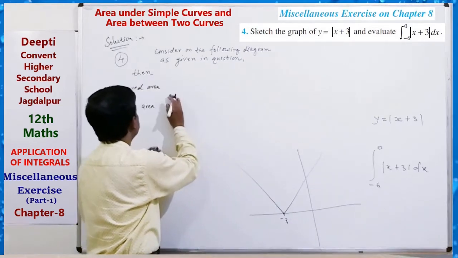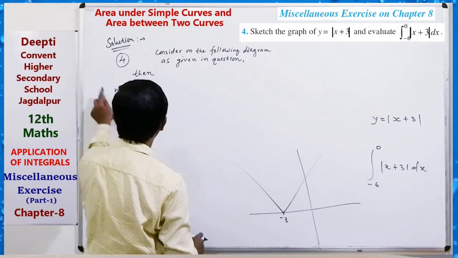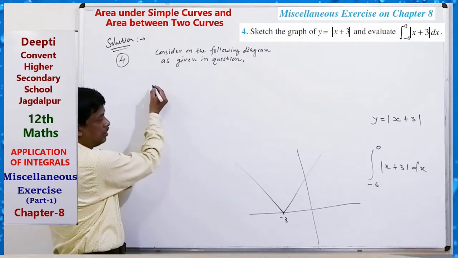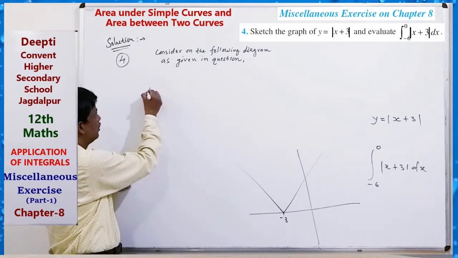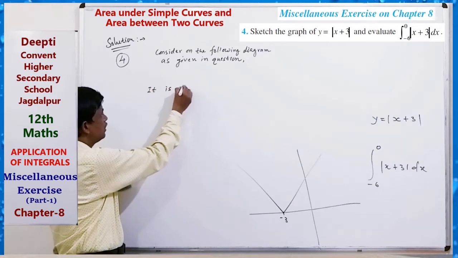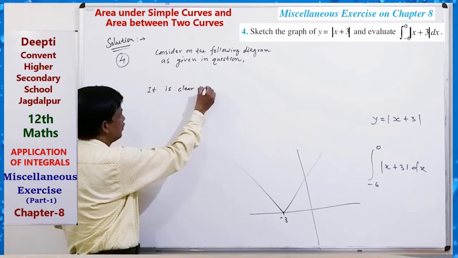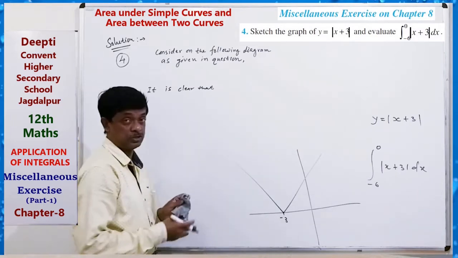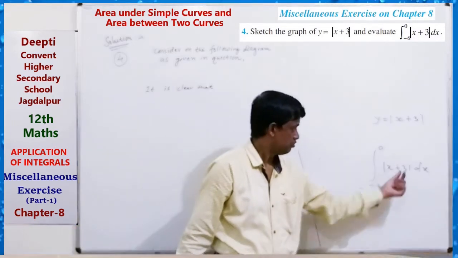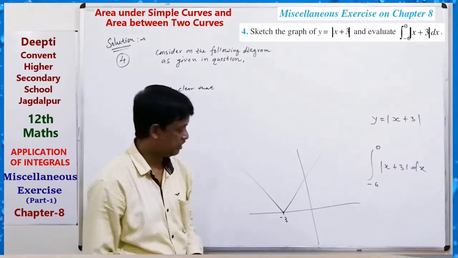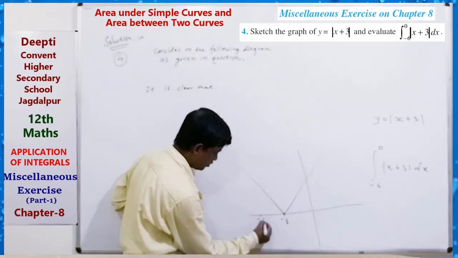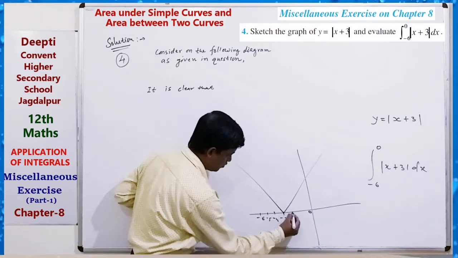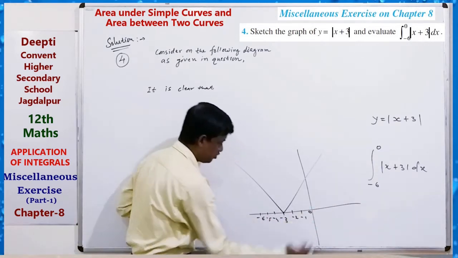Now, for this question, it is clear that we have to break this mod in this interval, here minus 6 to 0, minus 5, minus 4, minus 2, minus 1.